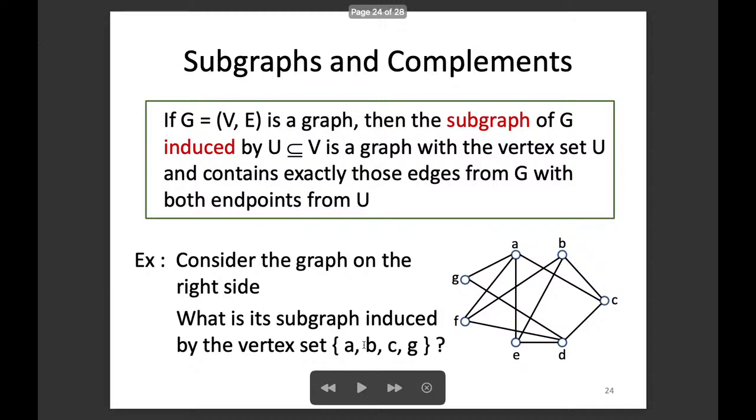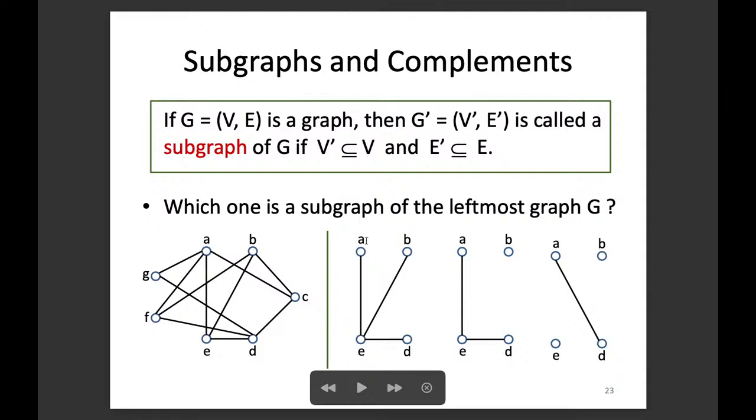But there is a related concept called induced subgraph. So a subgraph induced by a subset of vertices. So an induced subgraph is a special subgraph such that we collect all the vertices and then we also keep all the original edges that are joining these vertices. So in this case, we have A, B, D, E. Then we need to keep edge AE.